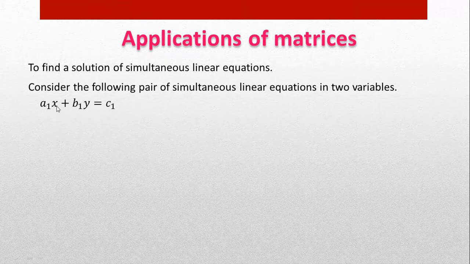This is called a linear equation. Now suppose you take another equation, a2x plus b2y is equal to c2, where x and y are variables and a2, b2, c2 are real numbers, means constants.